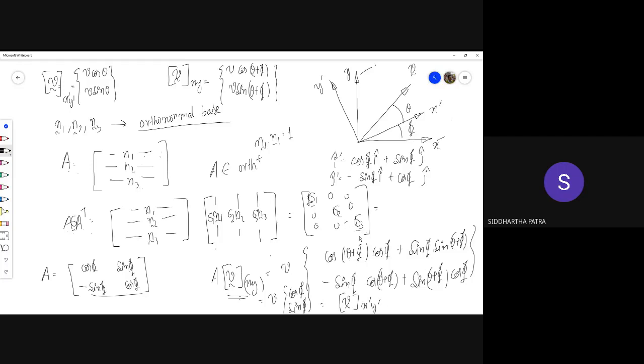Okay. So this representation right here shows how you would see the stress tensor if you were to look at it from the principal base, which is n1, n2, n3. Let's say it is something like this, not of course aligned with the global Cartesian. Okay, so let's say this is the global Cartesian.